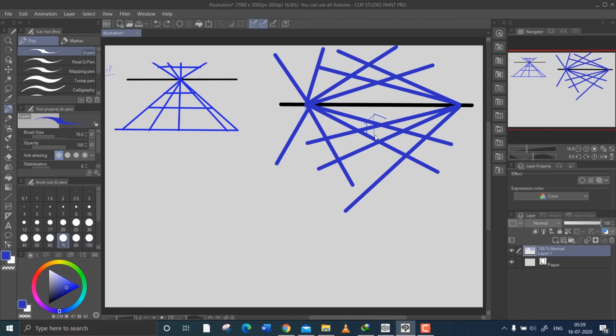But we'll cover that later. Right now we just need to know about 1-point perspective and 2-point perspective. Okay.